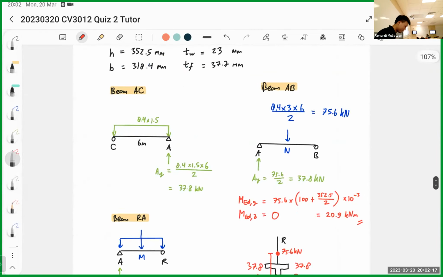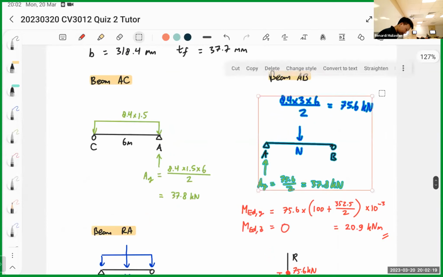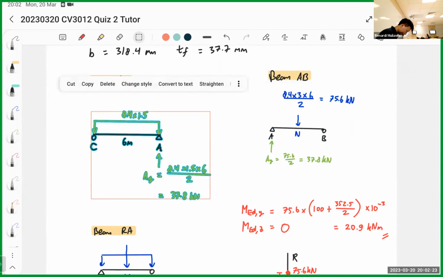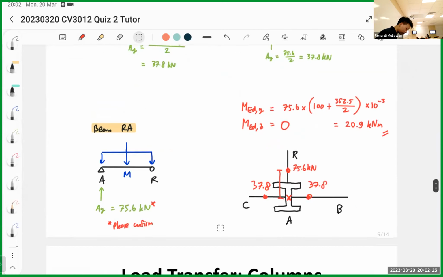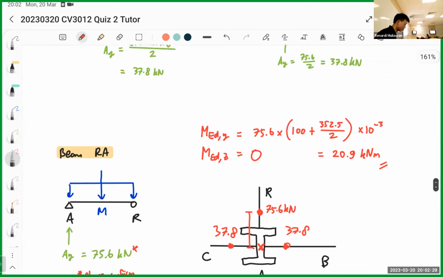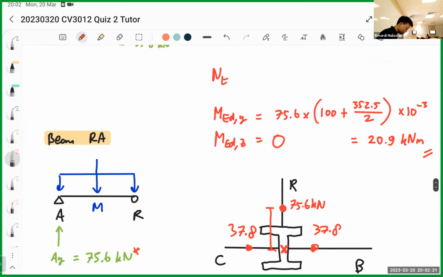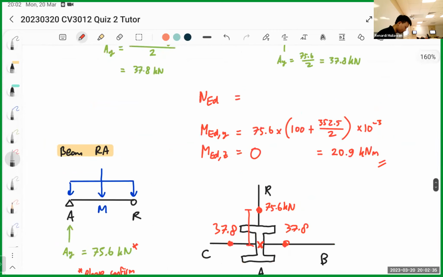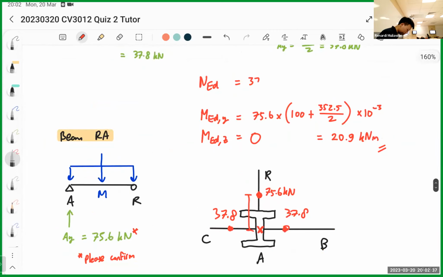Actually, we forgot one thing: the axial force. This is just the moment, right? So what's the axial force on the column? Basically, just add everything up. So NED on the column, NED is the axial force. It's just add everything up: 37.8 plus 37.8 plus 75.6.